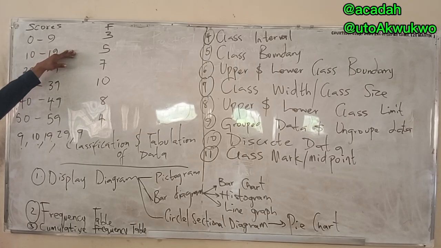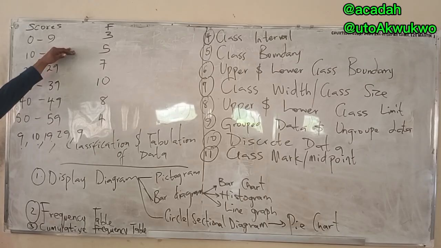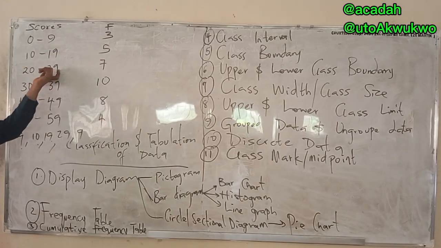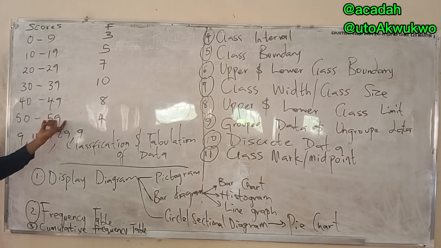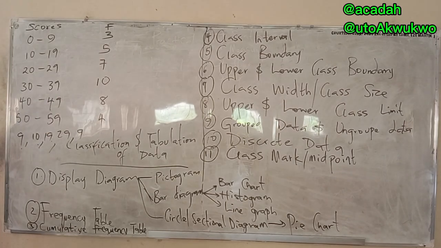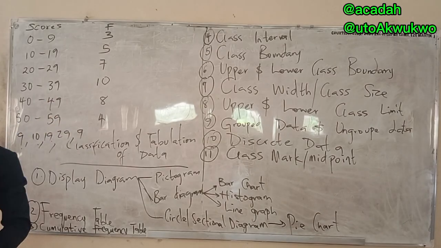If this is the second class and this is the third class, to get the class interval you simply do the upper class boundary of the third class minus the upper class boundary of the second class. It's always between two classes. You simply say, upper class boundary of this is 59, this one is 49, this minus this. That means it's the same.